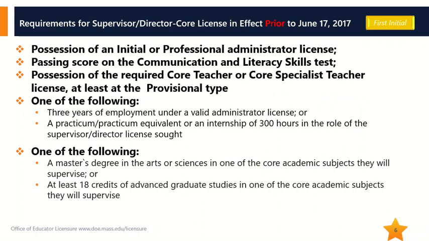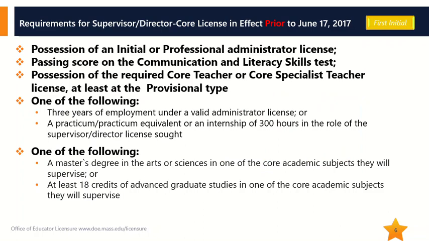Requirements for individuals who apply and complete all requirements prior to July 1st, 2019 include possession of an initial or professional administrator license, achieving a passing score on the communication and literacy skills test, and possession of the required prerequisite core teacher or core specialist teacher license, at least at the provisional type. 3 years of employment under a valid administrator license, or a practicum equivalent, or an internship of 300 hours in the role of the supervisor director license sought is also required.